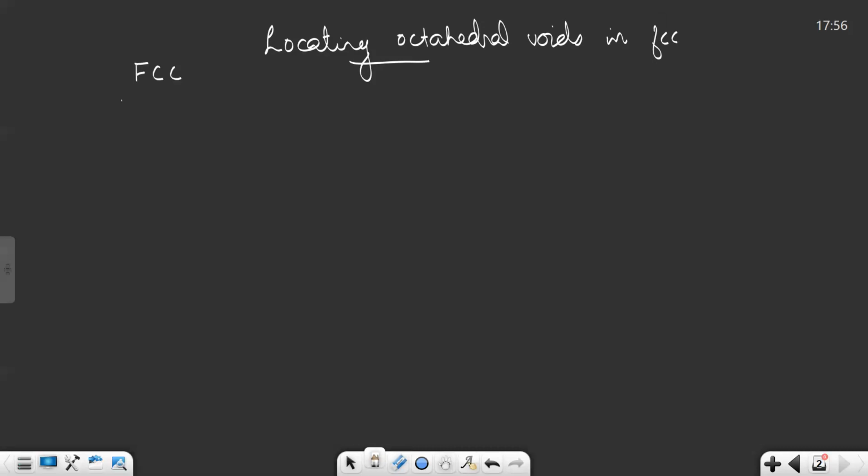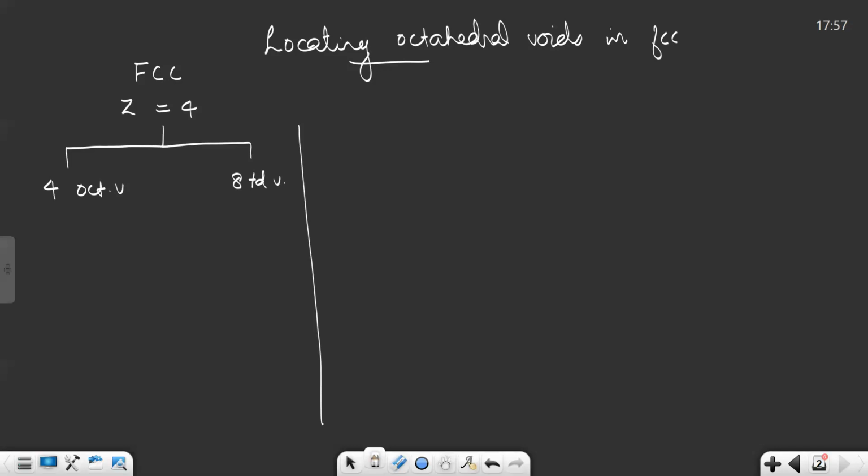So in FCC, Z is equal to 4. If there are four atoms present in a unit cell, the number of tetrahedral voids formed will be 8, and the number of octahedral voids formed will be 4. So in FCC, there will be 4 octahedral voids and 8 tetrahedral voids.